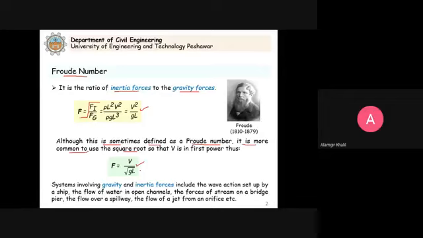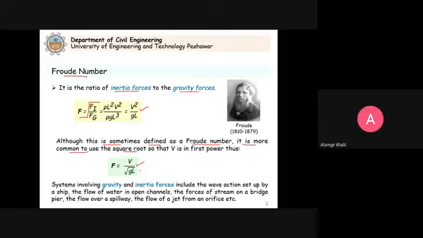So, as I said before, if we want to ensure dynamic similarity between the model and the prototype, first we have to identify what forces are significant in this specific fluid mechanics problem.